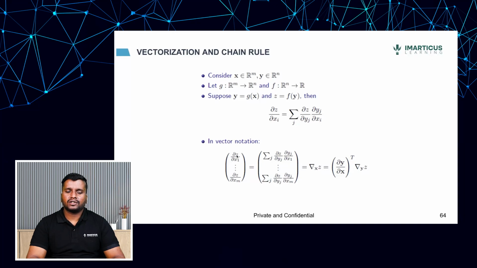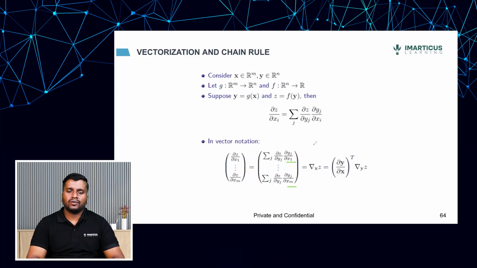In vector notation, we can represent the partial derivatives of z with respect to x1, x2, x3 up to xm, if we have multiple variables or multiple inputs. The same formula gets replicated; only the x values keep changing: x1, x2, x3 and xm.